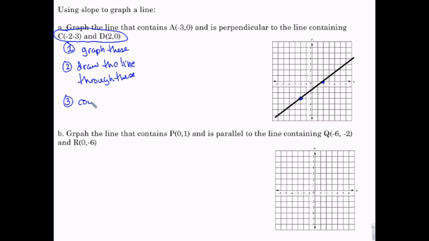Step 3 is to count the slope. 1, 2, 3. 1, 2, 3, 4. So my slope is 3/4. Okay, of this line.